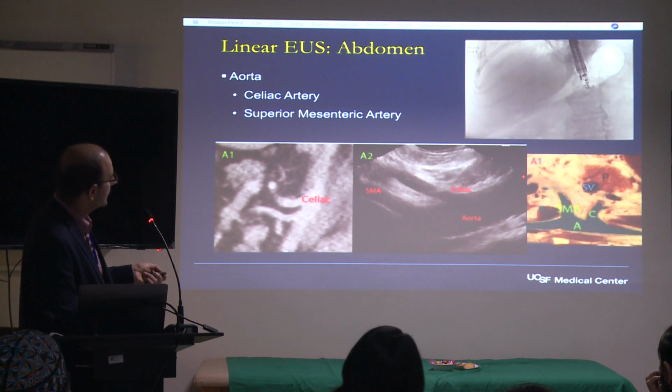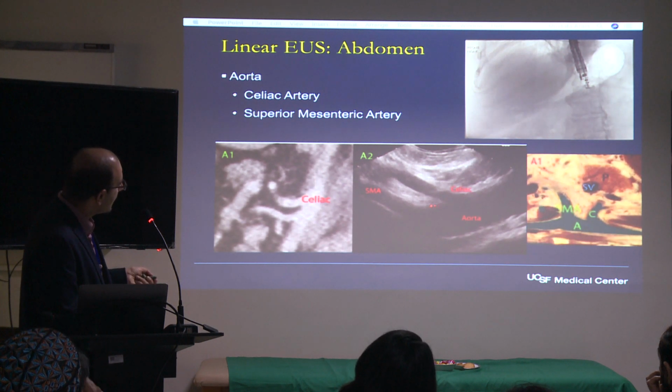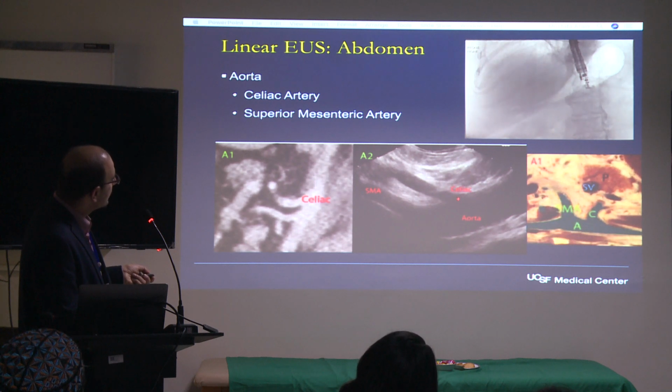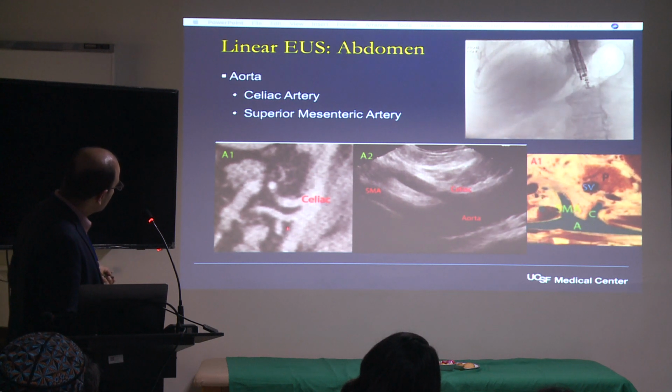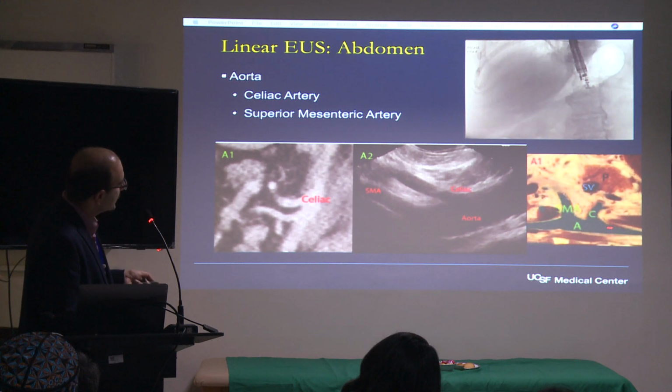You find your areas of interest as you follow the aorta down. As you come across, you'll have the crus of the diaphragm, you'll have the celiac taking off, you'll have the SMA taking off. So this is a correlate on CT, celiac and SMA, and this is in a human cadaver specimen, aorta, celiac and SMA coming off.